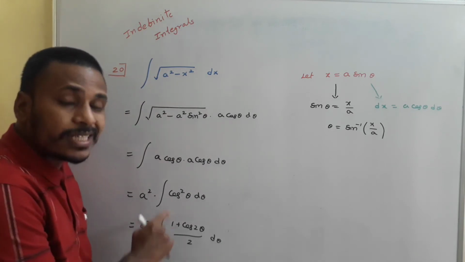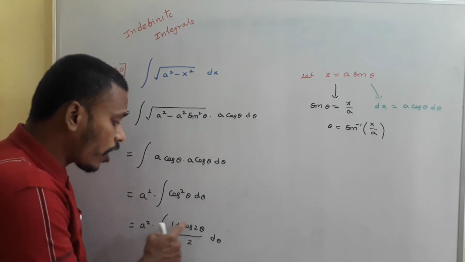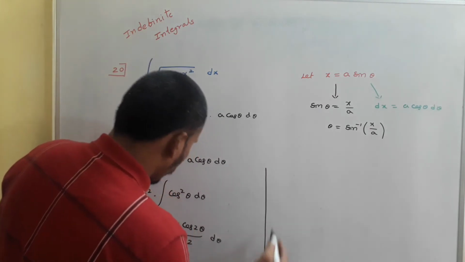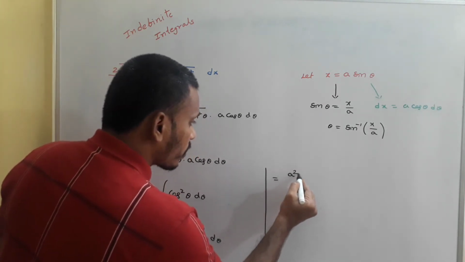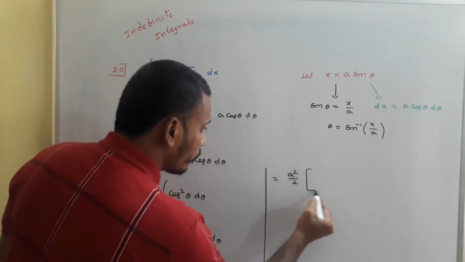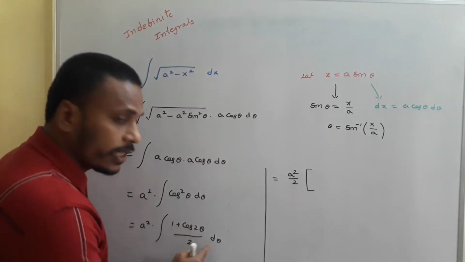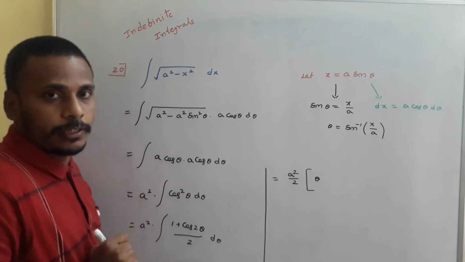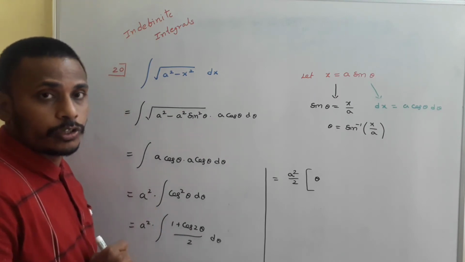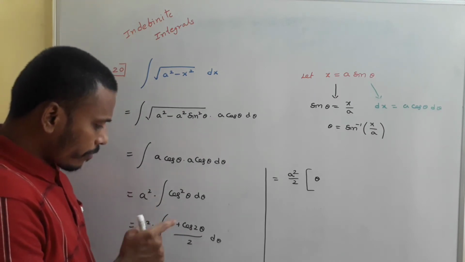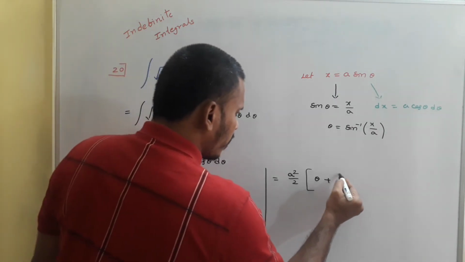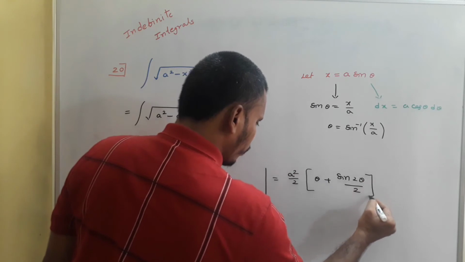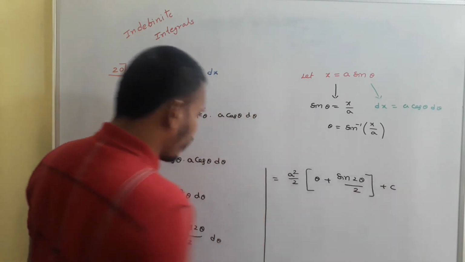And the next thing, this 2 is a constant, again keep it out. And for 1, its integral is theta. And for cos 2 theta, what is the integral? So now, this is equal to a square by 2 into the integral of 1 d theta, which is theta. Integral of cos 2 theta. What is the integral of cos 2 theta? See, the integral of cos 2 theta is sin 2 theta divided by 2 along with a constant of integration c.